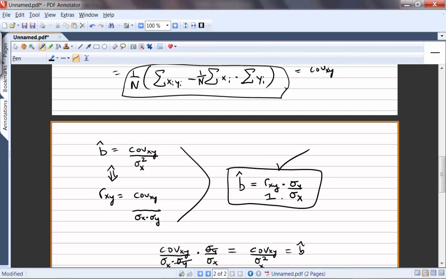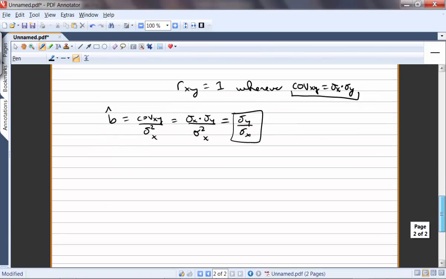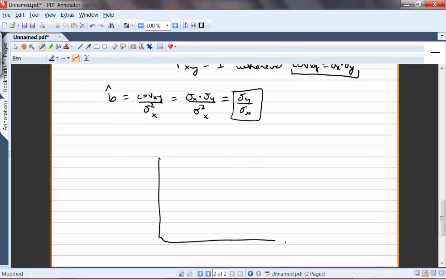And so again, to reiterate, if we have x and we have y, and suppose all points pass through the same line, then r xy will tell you the extent to which the points pass through the same line.